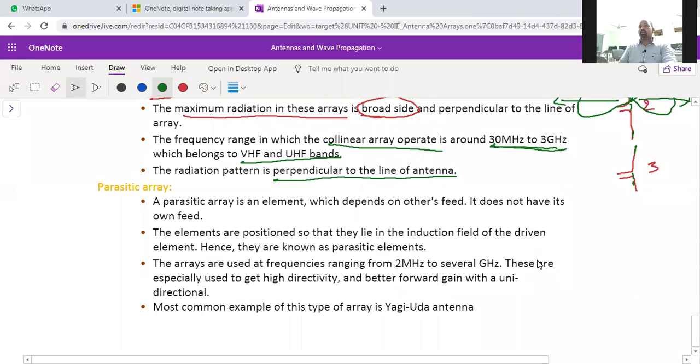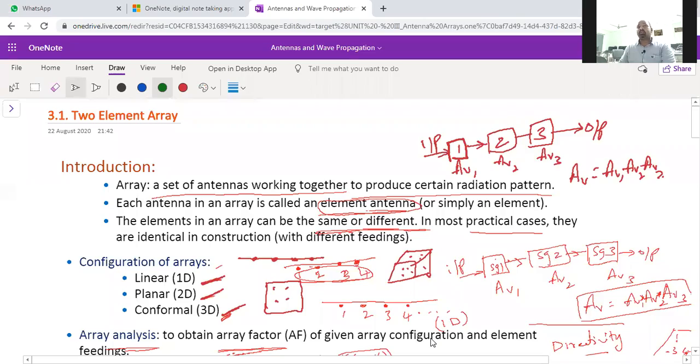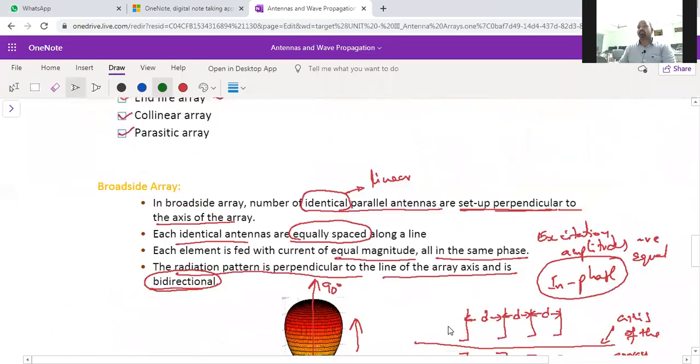And the fourth one, parasitic array. A parasitic array depends on the other's feed. So, for example, if you want to understand more clearly, let me explain like this.